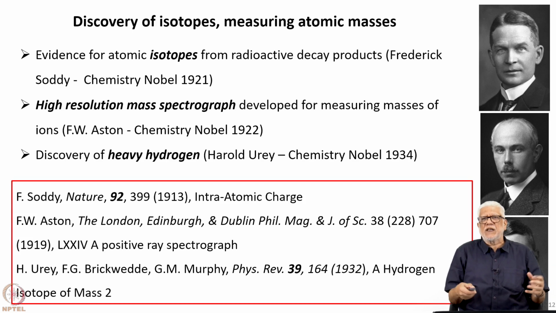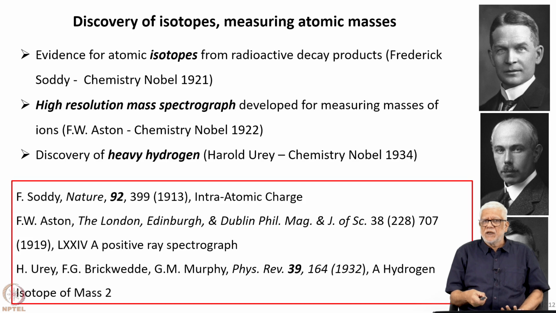This was beautifully verified using high resolution mass spectrograph measurements, using the mass spectrograph which Aston developed to get accuracies of the order of ppm of the masses, and that was enough to even say that the binding energies can be measured this way.